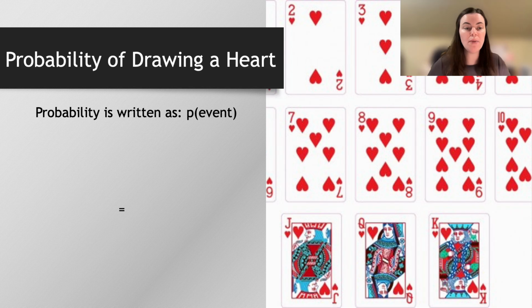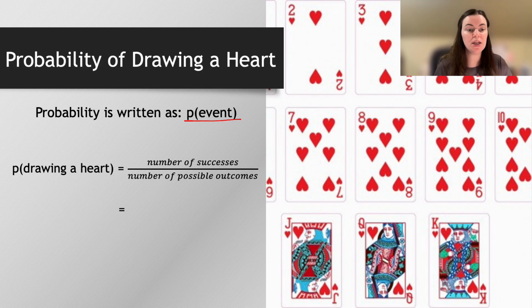Okay, the probability of drawing a heart. Again, I am representing this as P(event). So the probability of drawing a heart, we will figure out via the number of successes divided by the number of possible outcomes. And in this case, as I had mentioned on the previous slide, there are 4 different suits in a standard deck of cards.